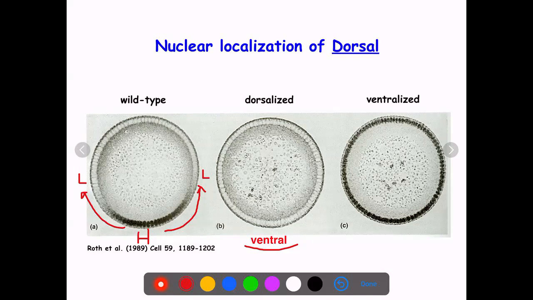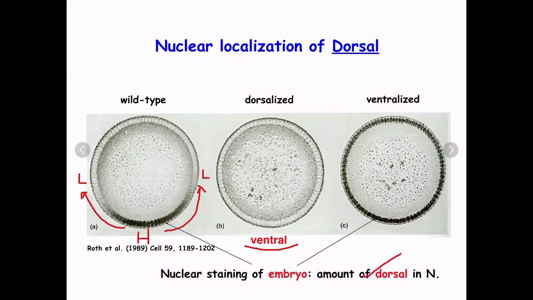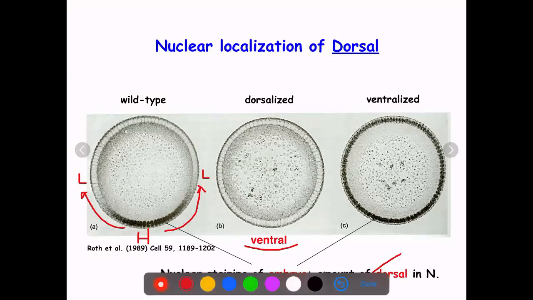Okay, and then ventralized means that somehow overexpression or a dominant mutation occurs. So let's see here. That is nuclear staining of the embryo and the amount of dorsal showing. As you can see, the lighter staining means a lesser amount. And in a ventralized embryo, regardless of which axis, it is ventralized everywhere.